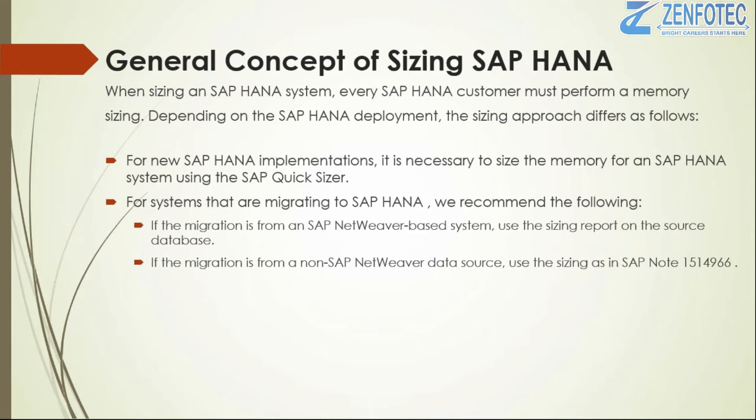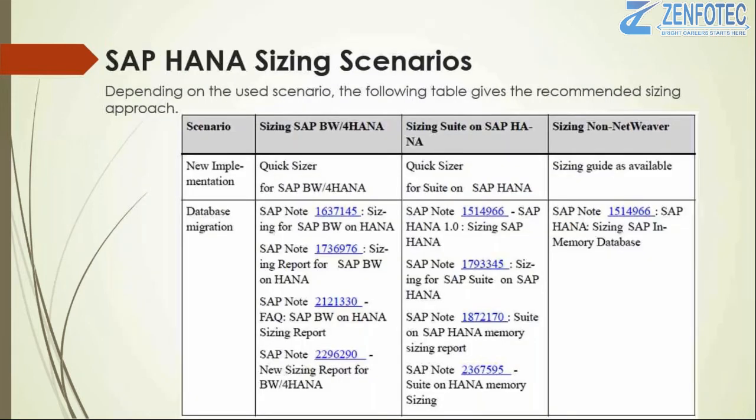We'll see that in detail. So we have different scenarios. For a greenfield implementation, a new implementation, you have to use the Quick Sizer, if you're implementing BW on HANA or any new implementation, then you have to perform sizing with the Quick Sizer.